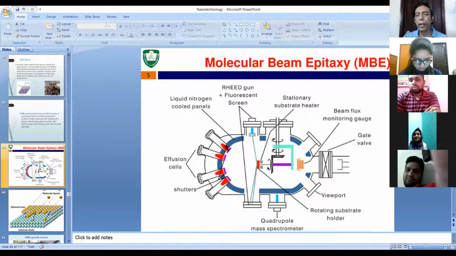You collimate a beam of, say, for example, this material to the substrate, and you see there is a RHEED. The instrument is known as RHEED. I will tell you what that RHEED is.